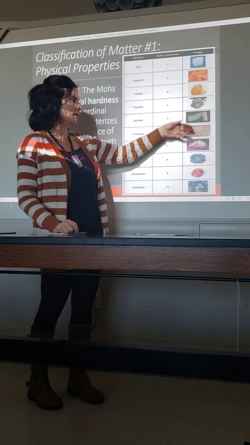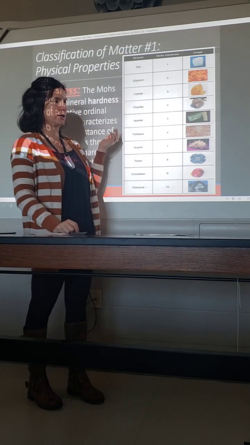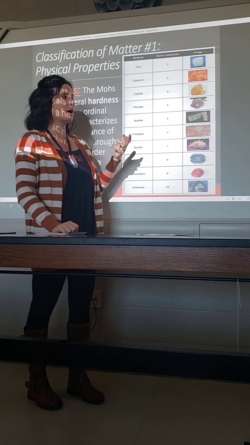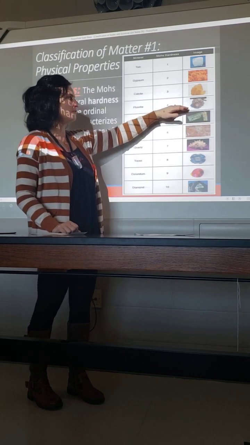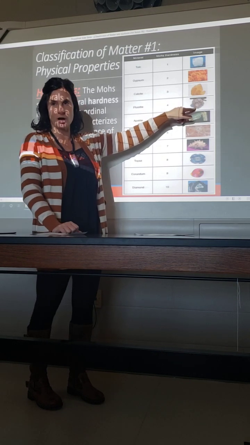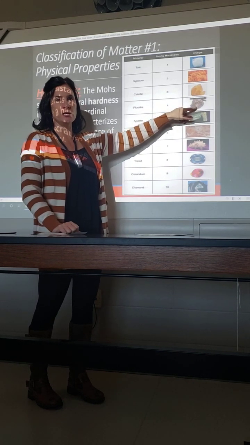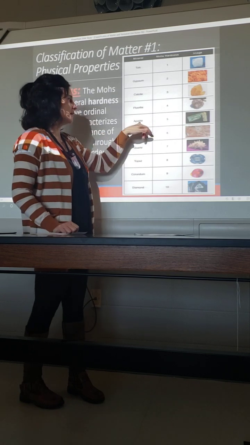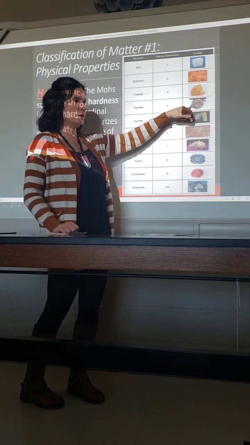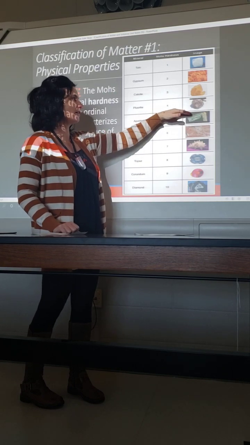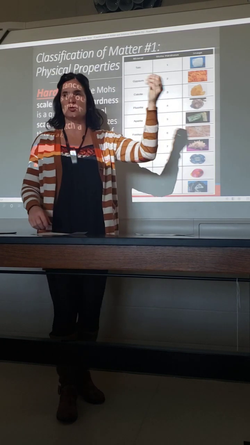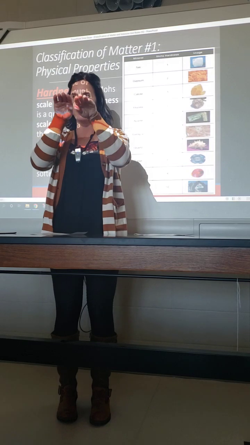If you have an unknown rock and you're trying to determine what rock it is, if the fluorite would scratch the rock, then you know that it is softer, right? And if the apatite doesn't scratch it, then you know that your rock is going to fit right in here. If it'll scratch one but not the other, that's where it would fit.